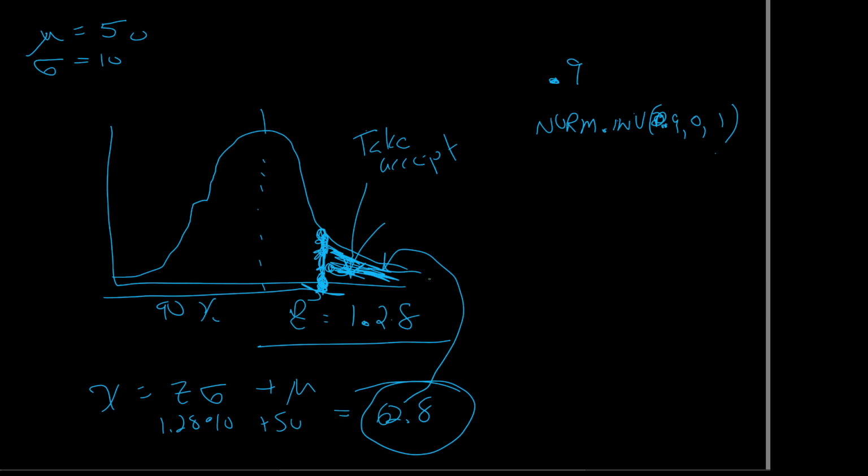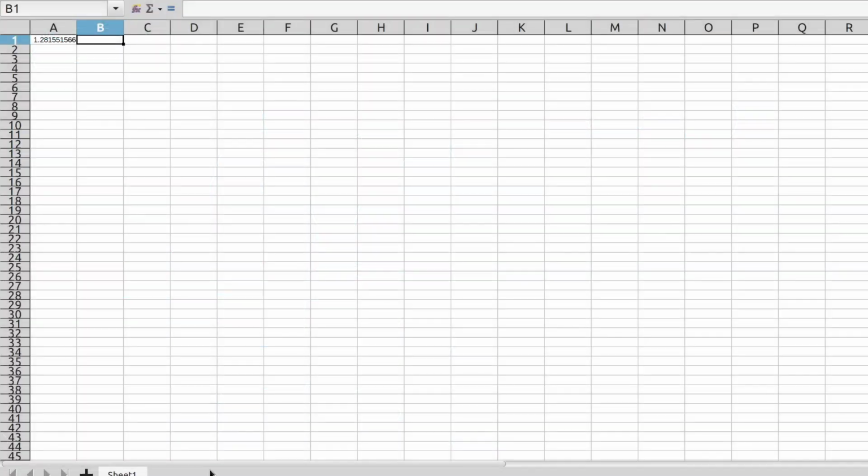Now I'm going to show you something that the function in Excel has that makes this a little bit easier. Notice I've been using this thing called the standard normal, where the mean is 0 and the standard deviation is 1.